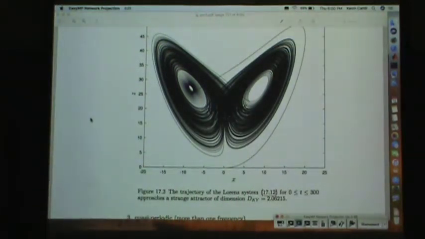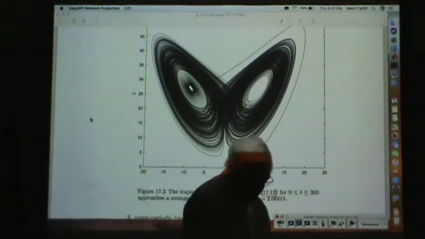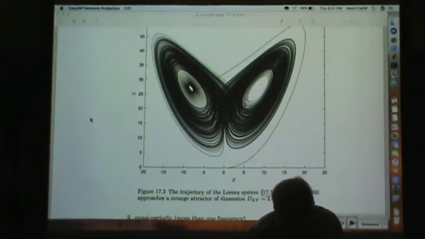So it's not a solid, it's something in between, and it's a particular fractal. Any questions? I'll say more about fractals in a moment and how you compute dimensions in a moment.